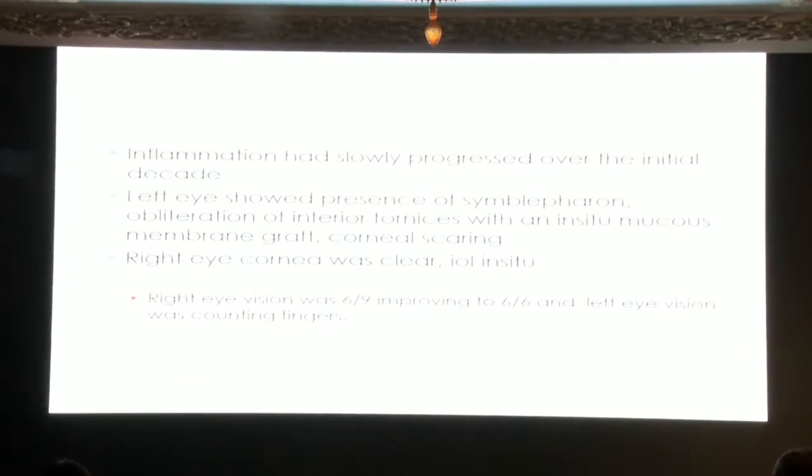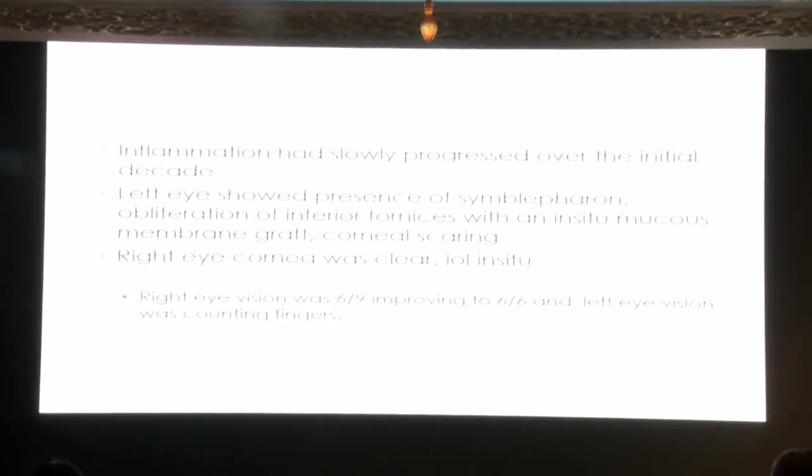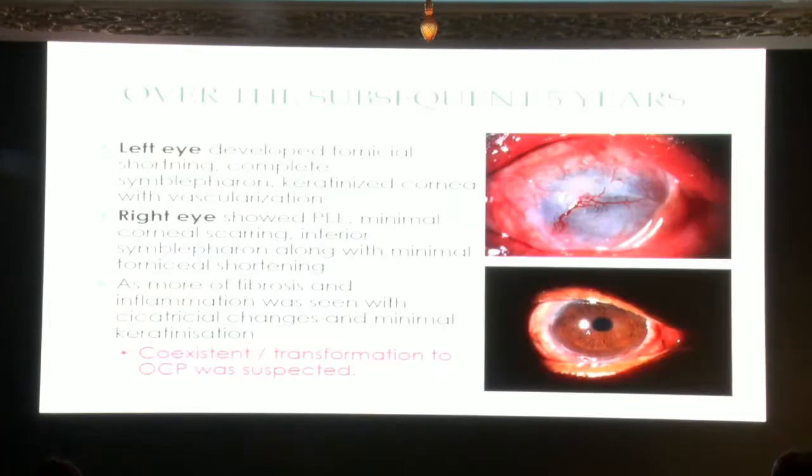However, even after the buccal mucous membrane graft, the ocular surface continued to worsen. The inflammation slowly progressed with progression of symblepharon, obliteration of fornices, and visual acuity in the left eye continued to deteriorate and was counting fingers.